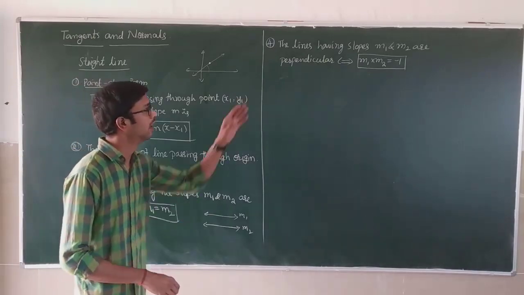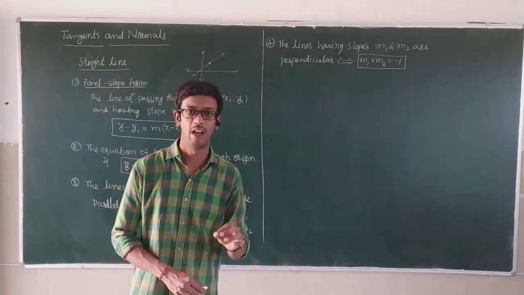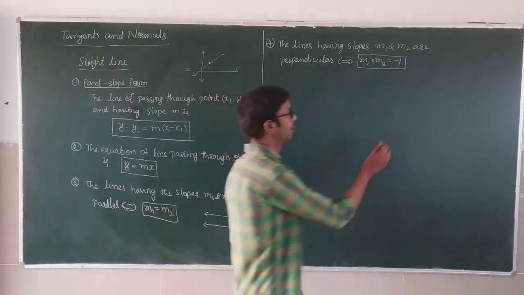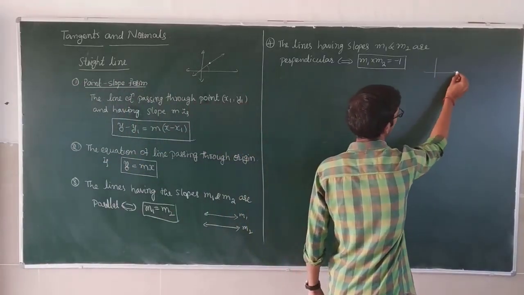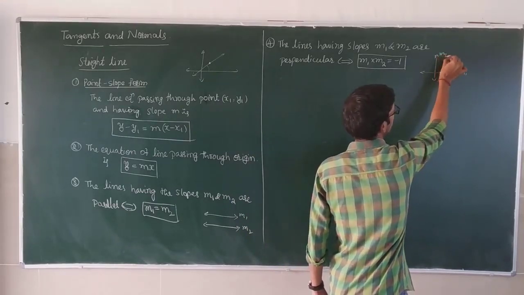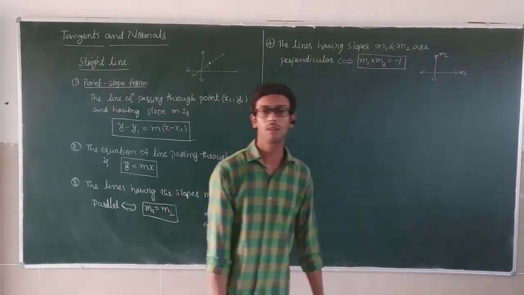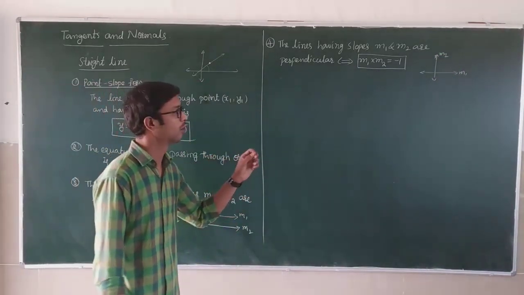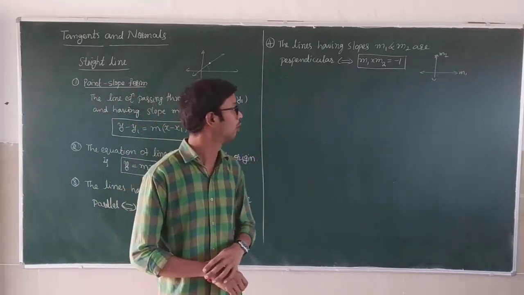Next, same way, two lines having slopes m1 and m2, but the perpendicular condition. Slope of line 1 is m1, slope of line 2 is m2.